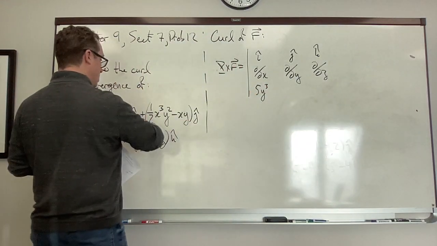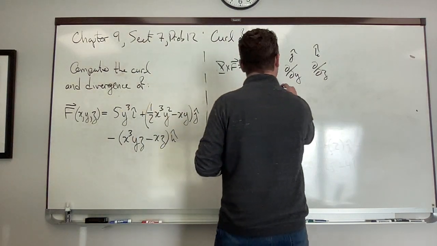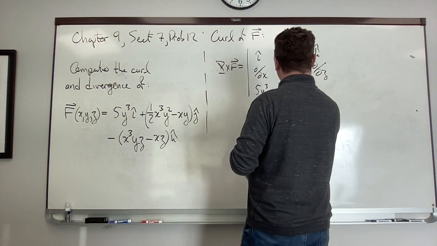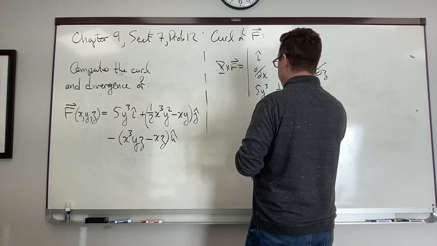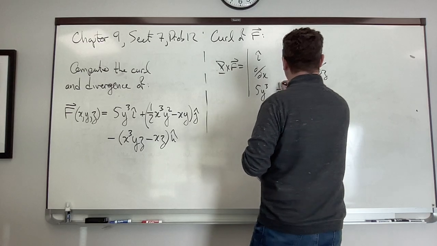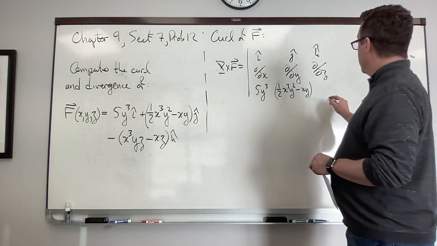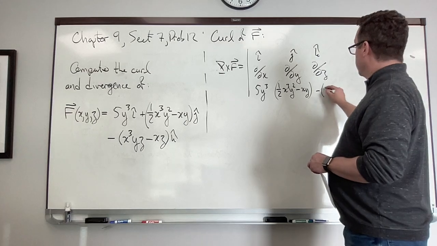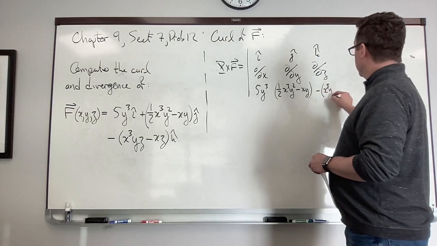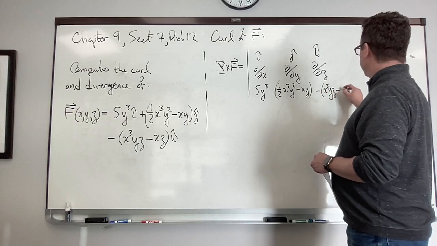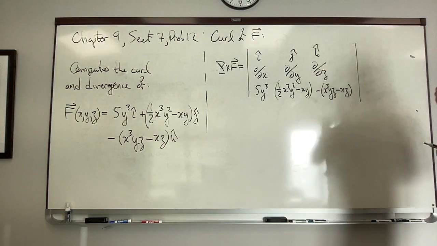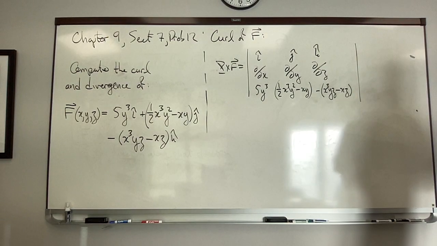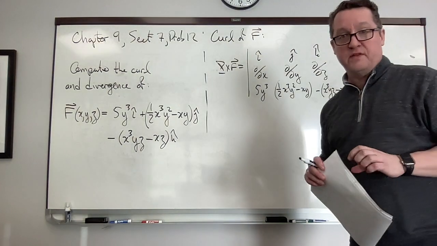The second one is the whole y component, which is 1/2 x cubed y squared minus xy. And the last one would be minus x cubed yz minus xz. So that's the configuration of the problem.